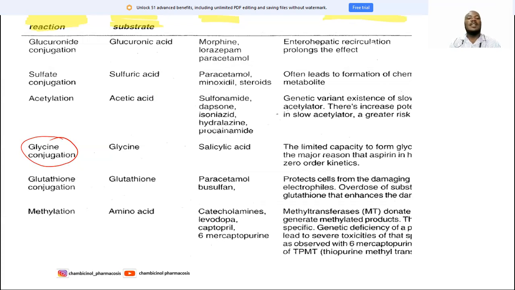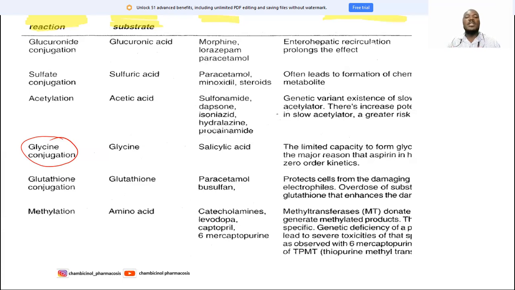Because of the limited amount of glycine, if you take a large quantity of a drug that is metabolized by glycine conjugation, it will tend to undergo zero-order kinetics of elimination, because all the glycine will be conjugated with the parent drug to form the metabolite, which is polar and will be excreted.